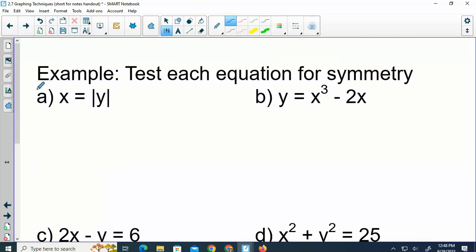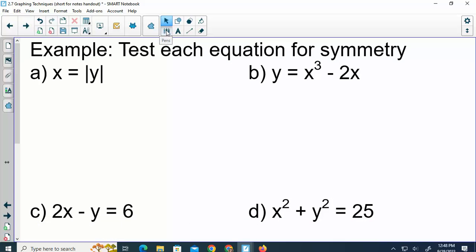So we can tell symmetry a few different ways. A lot of times we can kind of look at the graph itself and tell, but that's not super precise because they look about the same, but you can't tell if it's exactly the same all the time. So algebraically, what we're going to do is plug in those negatives and see if we get the same thing.